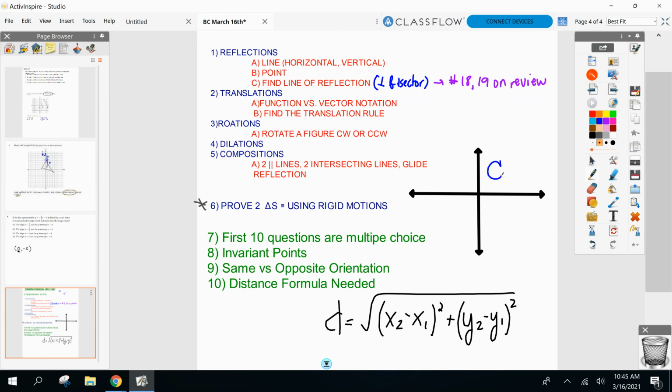All right, so here's my line C. Let's say I want it to do this composition, which is a good review here. How do I complete compositions? Which one do I do first? Reflect over the y-axis. You complete them right to left. So I'm going to take my letter C, reflect it over the y-axis, and then reflect it over the x-axis.